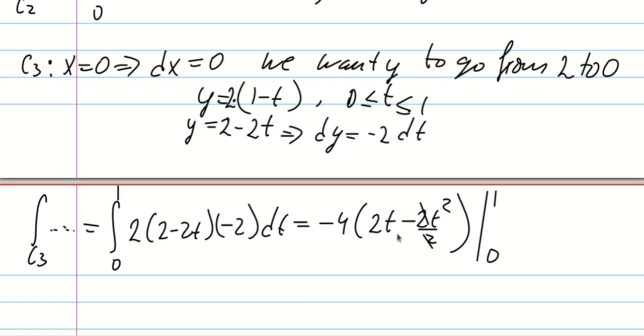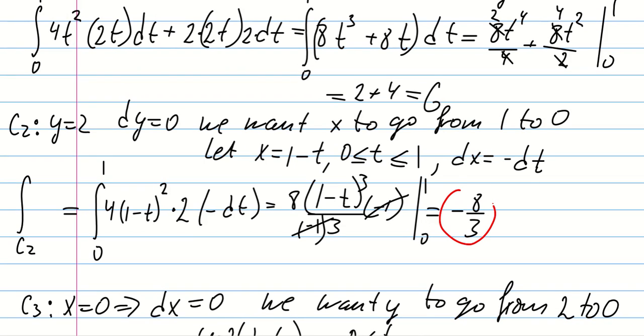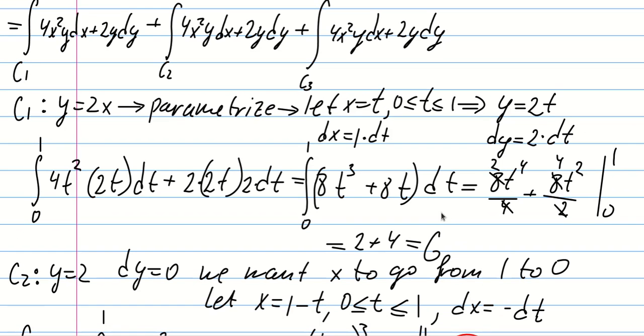And if we plug in 1, we're going to get negative 4, 2 times 1 minus 1 squared. So this will be 1 times negative 4, so negative 4. So we have to take this answer for C3, we have to take this answer for C2, and we have to take 6 for C1.